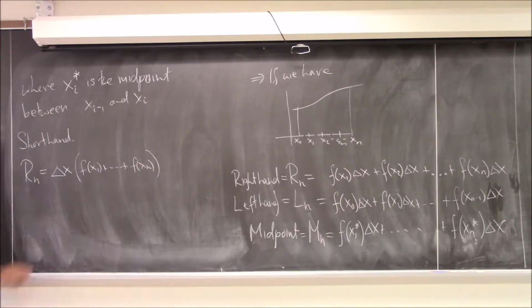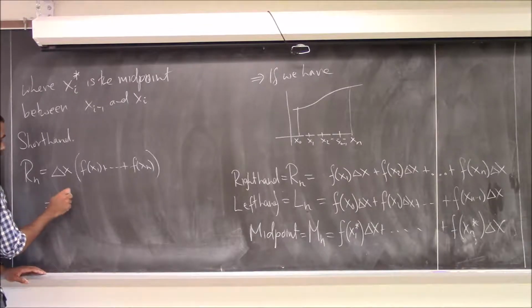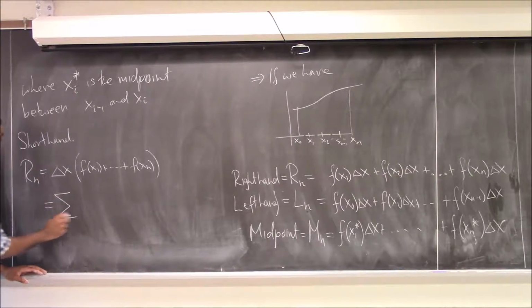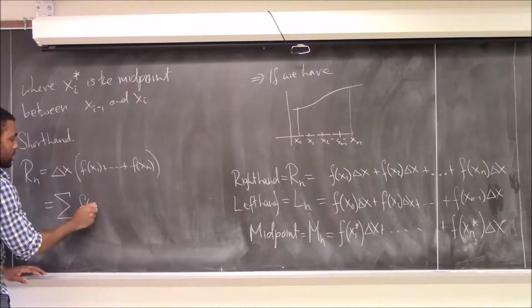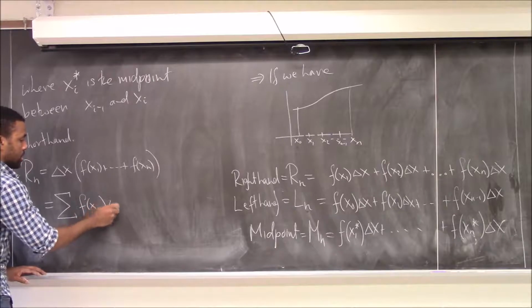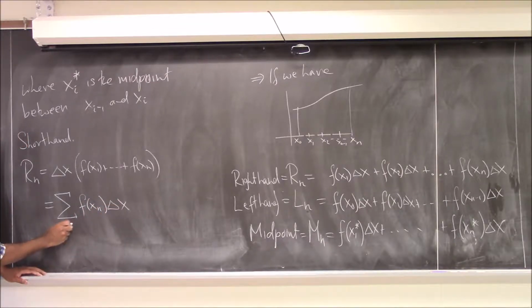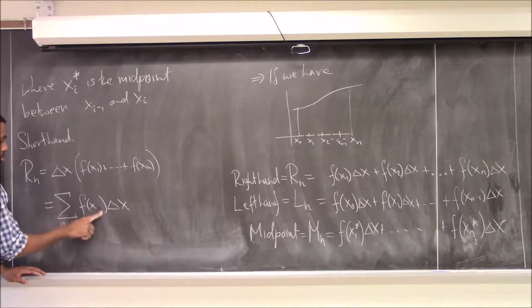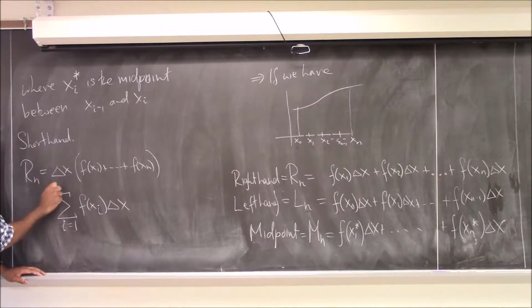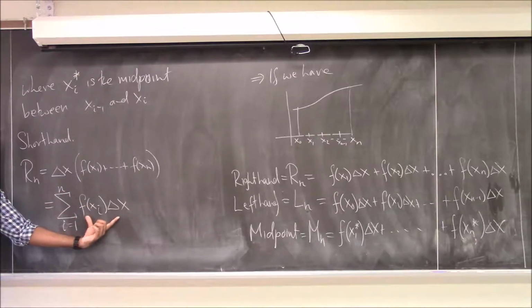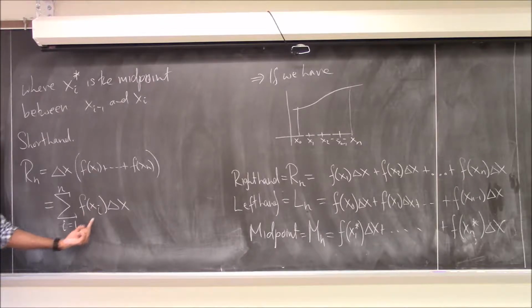Another way we can do this is to write, I don't want to scare anyone, but there's a symbol called big sigma, uppercase sigma, of f of x times delta x, and you let your i number from 1 up to n. It's just a shorthand for writing this. This symbol just means add up a bunch of things that look like this, starting when you're plugging in 1 for i, then 2 for i, then 3, then 4, all the way up to n. It's just a shorthand.